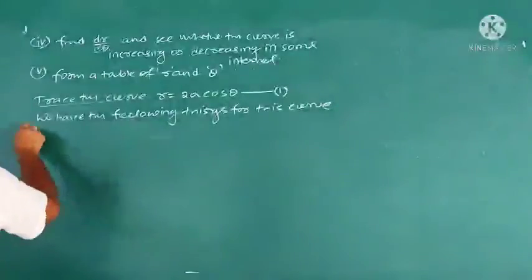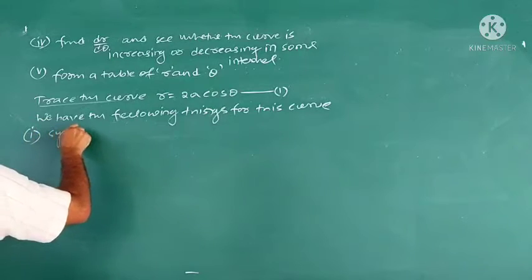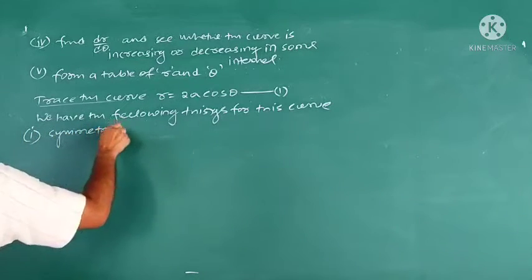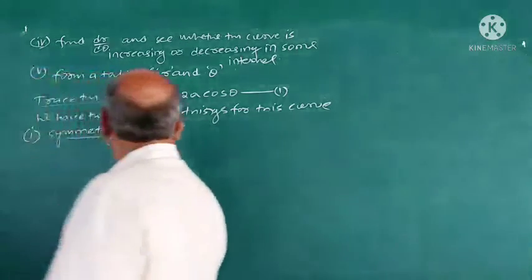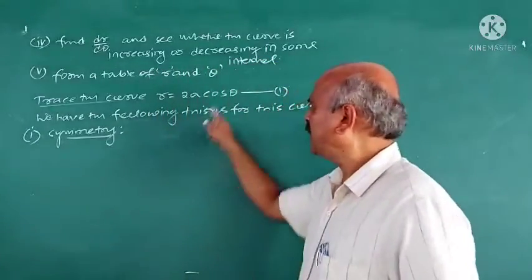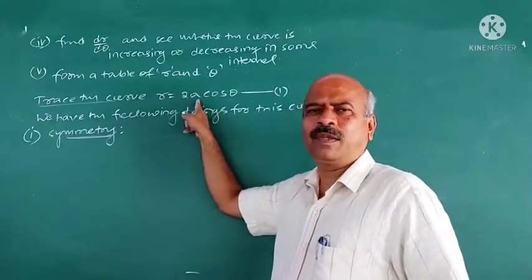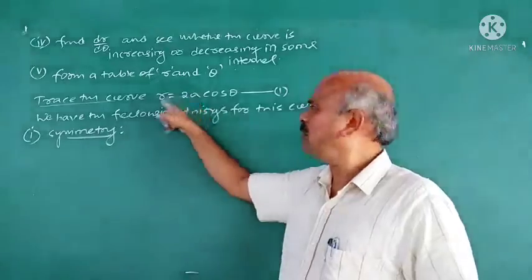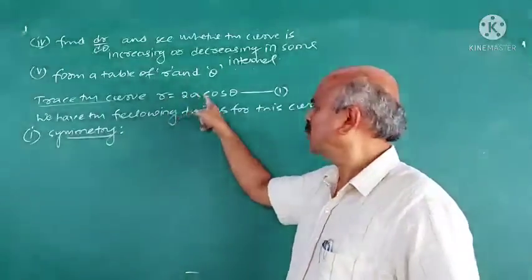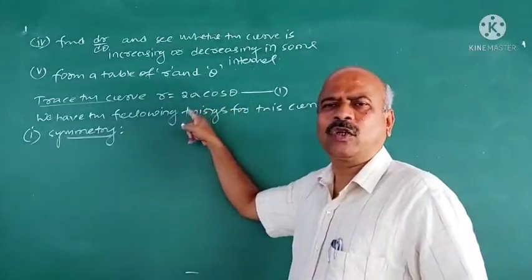First one, symmetry. You know that if theta is changed to minus theta, the equation of the curve is unaltered, because what is cos of minus theta? Plus cos theta.